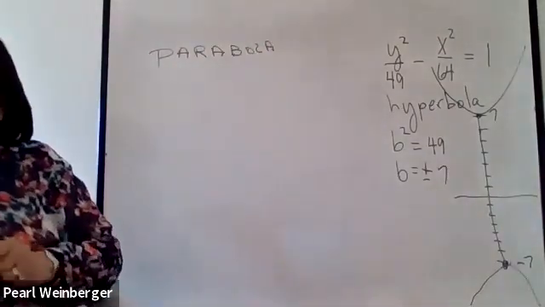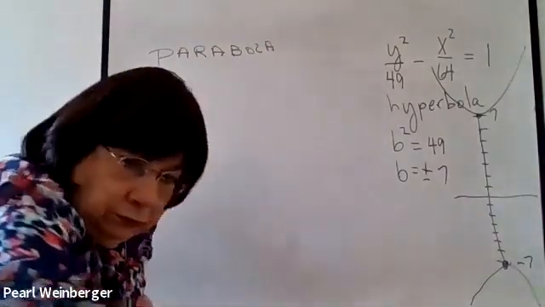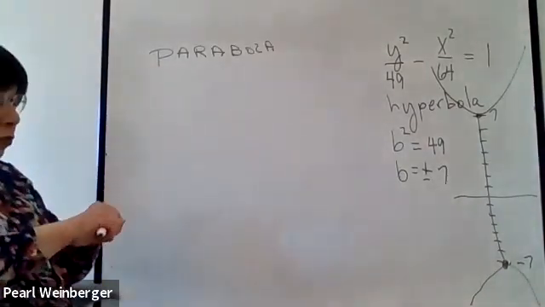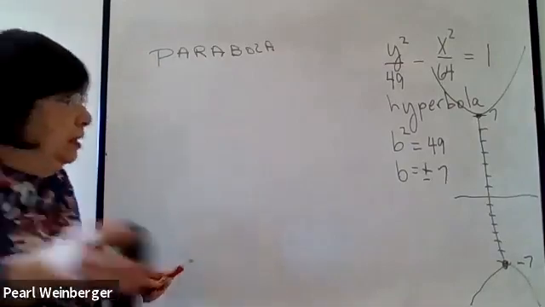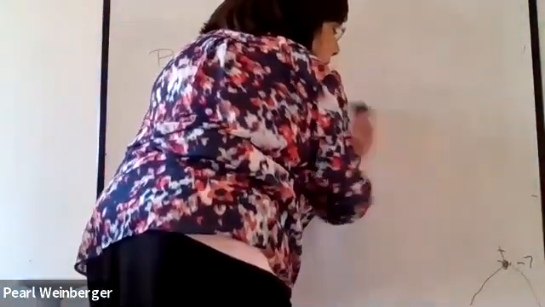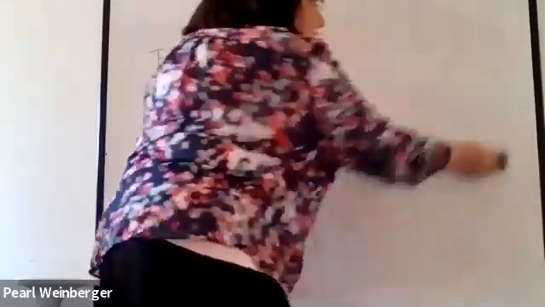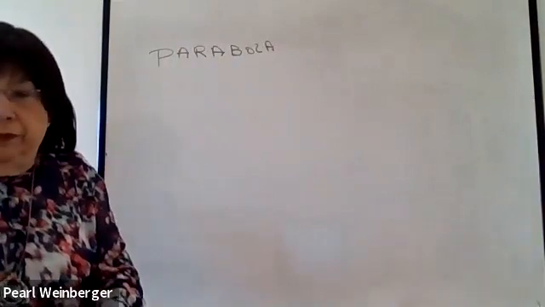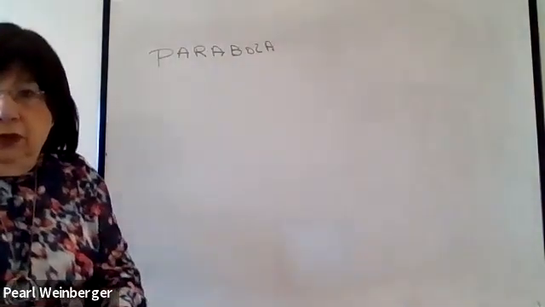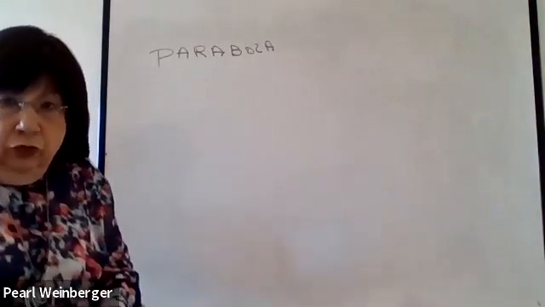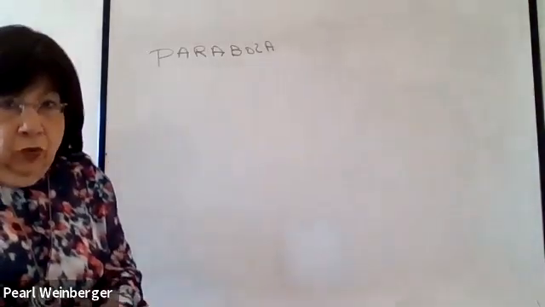And what makes a parabola different than the other three conic sections is that it doesn't have two squares. It only has one square. It either has an exponent of 2 on the x or on the y.